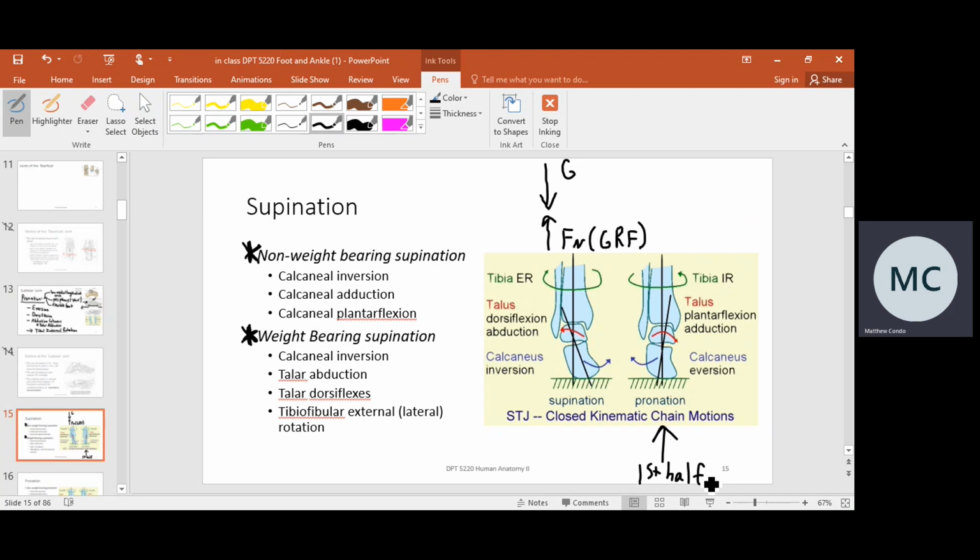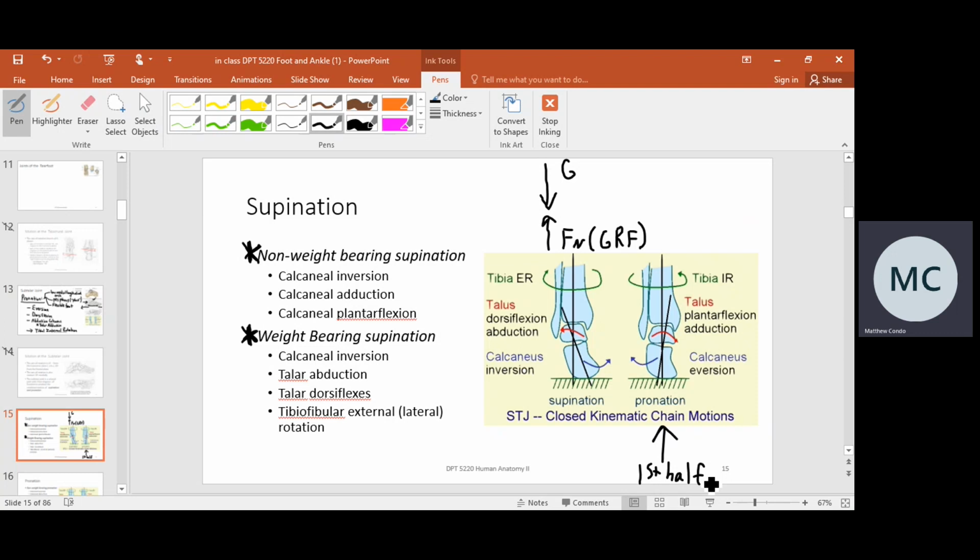Here's the problem: the talus doesn't sit flush with the calcaneus. It sits off to a little bit of a side, at that 42-degree angle in one plane and 8-degree in another, with the three different articulating facets. So my calcaneus everts, my talus is then going to plantar flex and adduct, and my tibia is going to internally rotate.